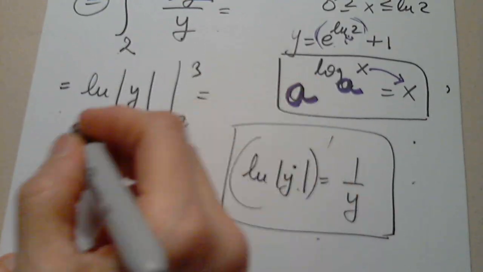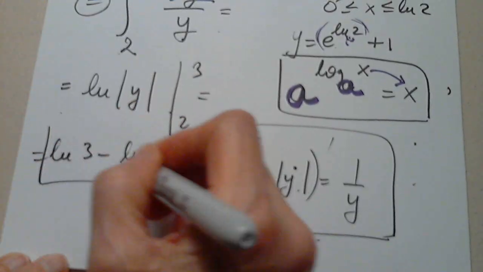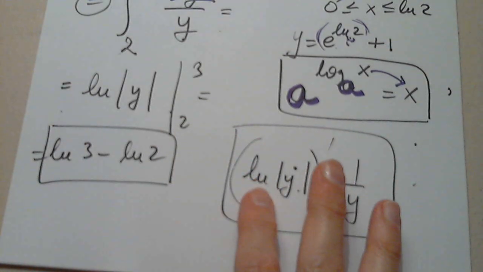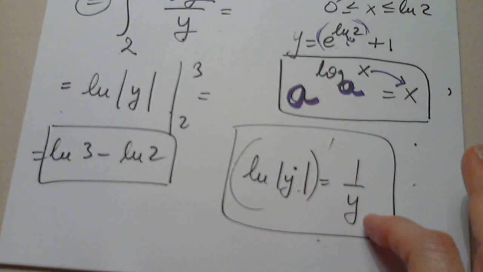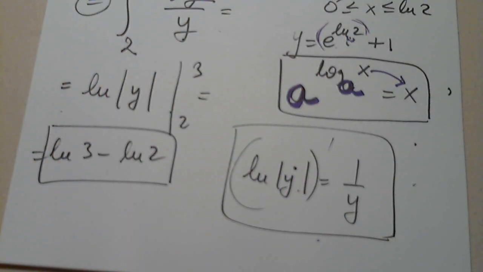So we plug in 3, and we have natural log 3 minus when we plug in 2. So when we differentiate natural log of the absolute value of y, we get 1 over y. So reversing, the integral of 1 over y is natural log of the absolute value of y.